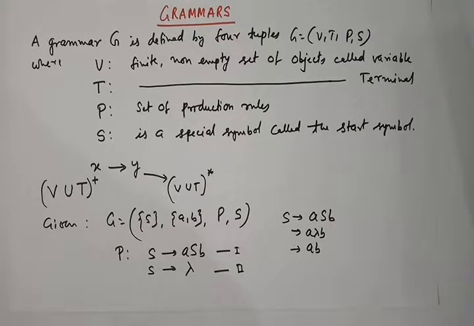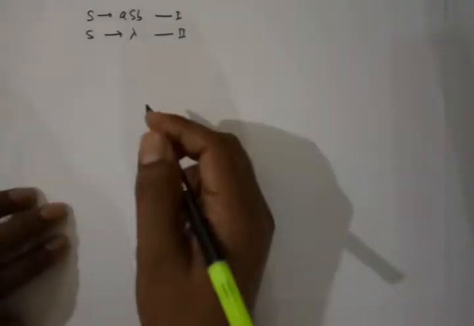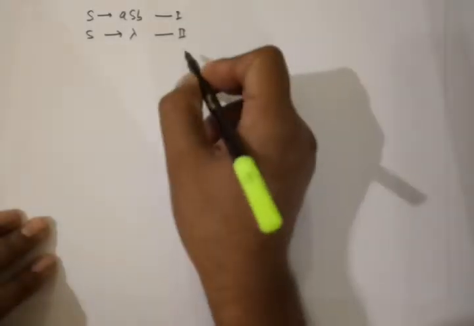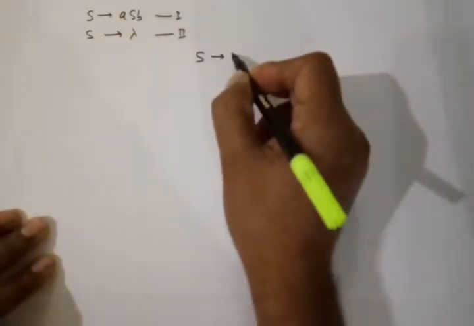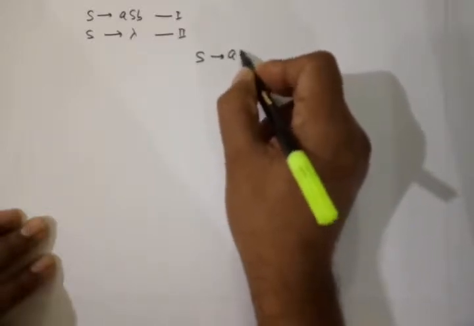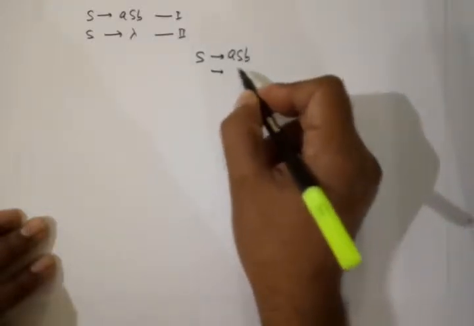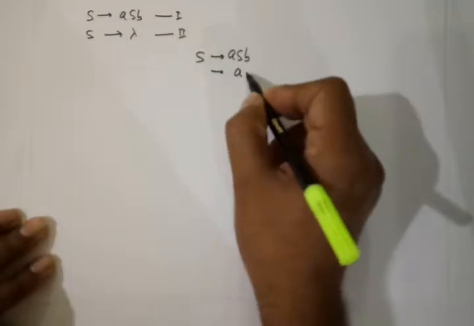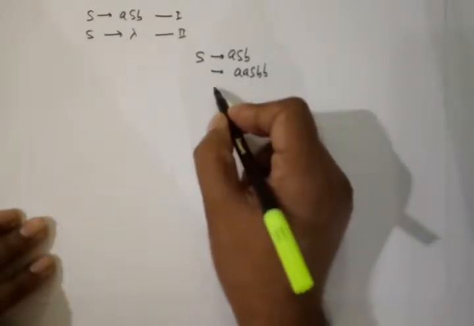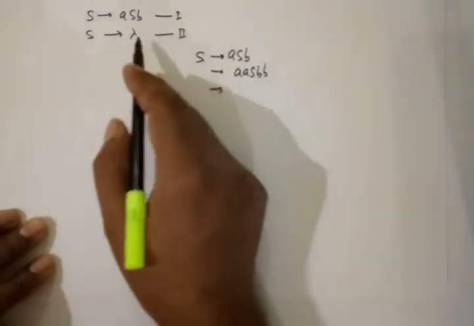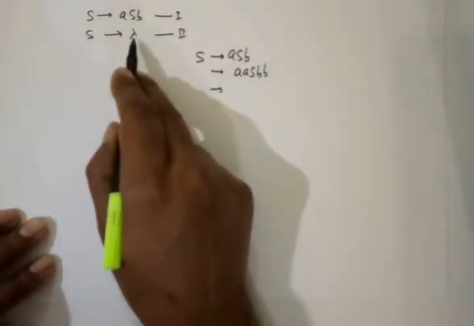Now, what are the other strings which can be derived by this grammar? Suppose we apply the production rule 1, ASB, and again we apply the production rule 1, it becomes AASBB. Then we apply the production rule 2, which says S can be replaced by null.